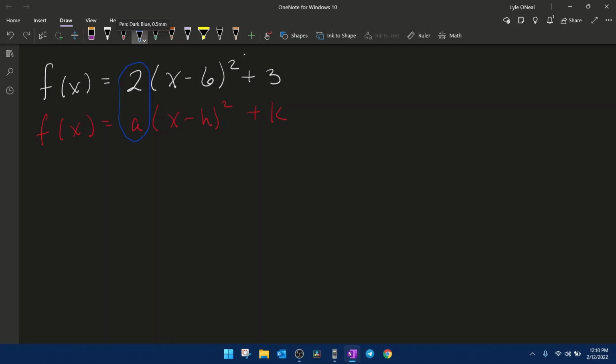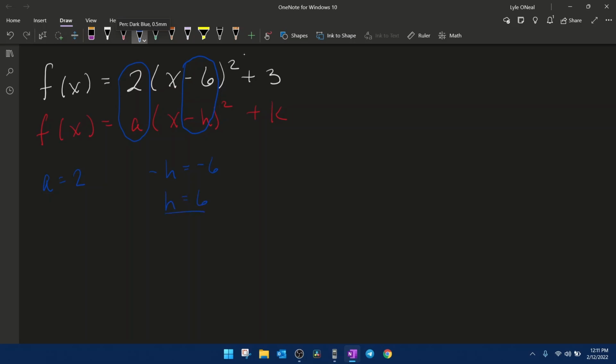So here we have a is 2. Notice for h, if I circle like this, this actually says negative h is negative 6. And then if I change the sign on both sides, you actually get h is 6.